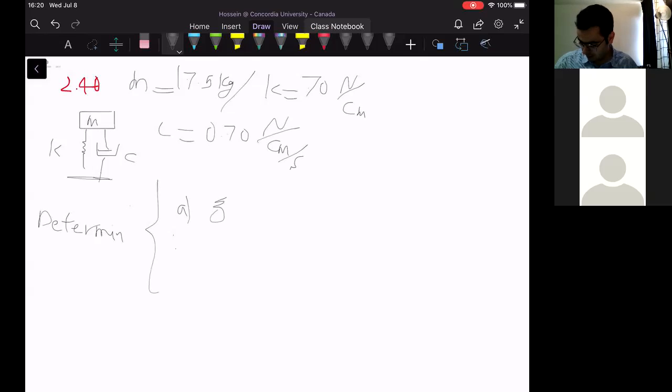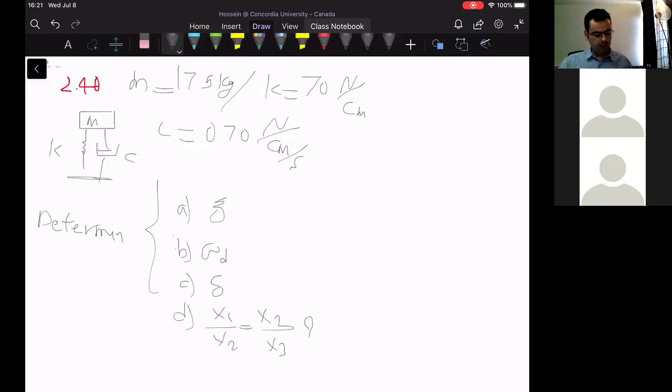Damping factor, the natural frequency of damped oscillation, omega d. C, you are supposed to determine the logarithmic decrement, so-called delta. And D, the ratio of any two consecutive amplitudes, for example, x1 over x2 or x2 over x3.